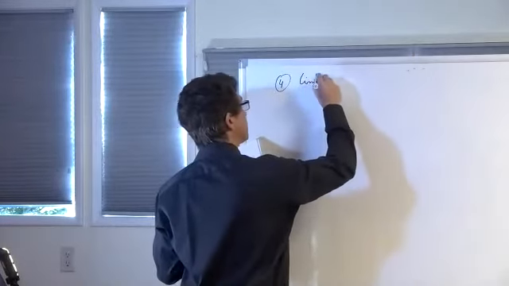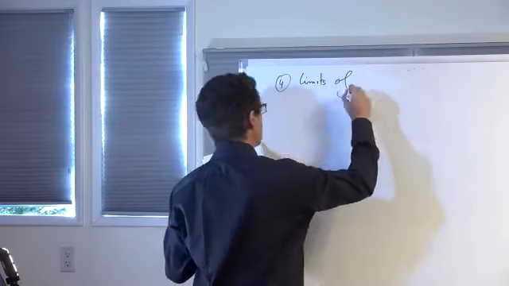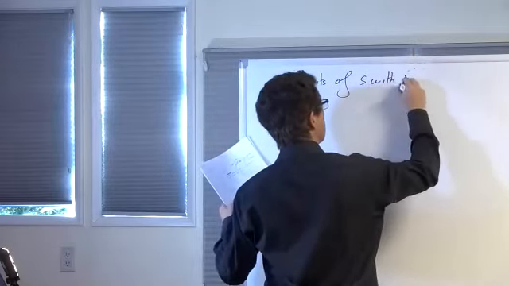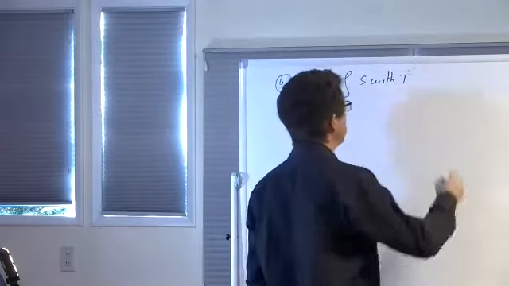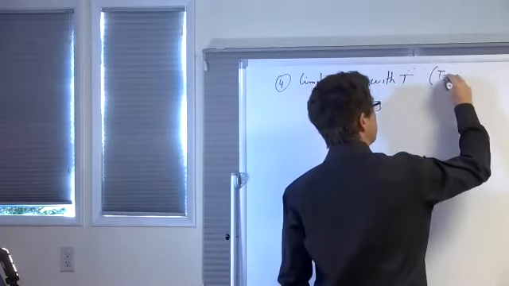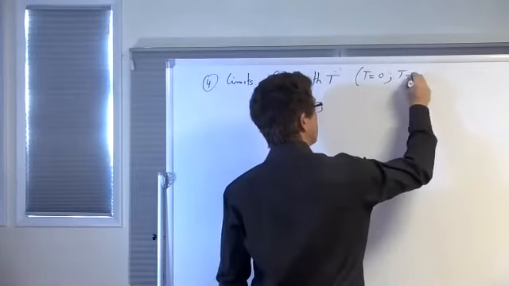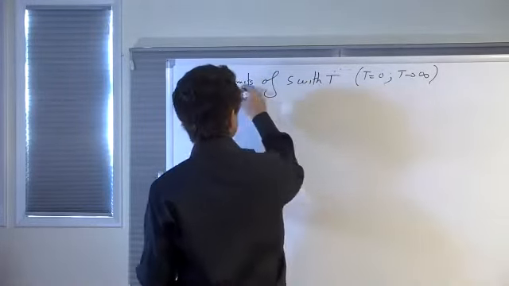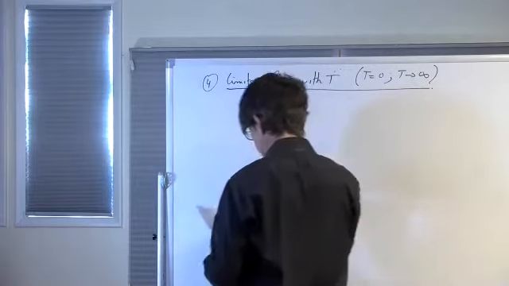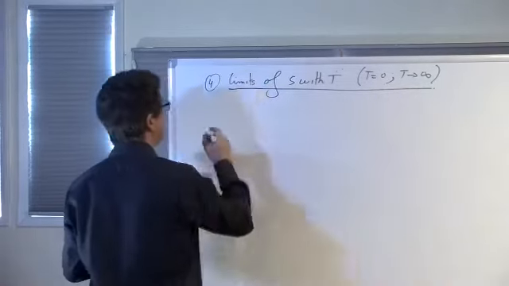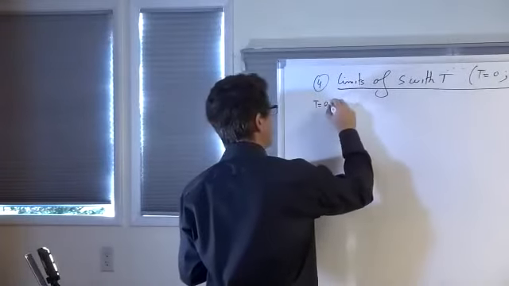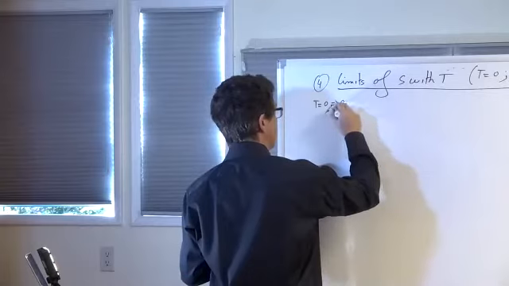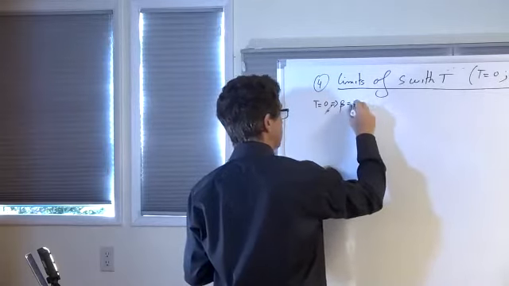So the limits of S with T. And of course, the easy ones to do are T going to 0 and T going to infinity, right? Okay, so let me first take T going to 0. T going to 0, that's equal to beta going to infinity, right?